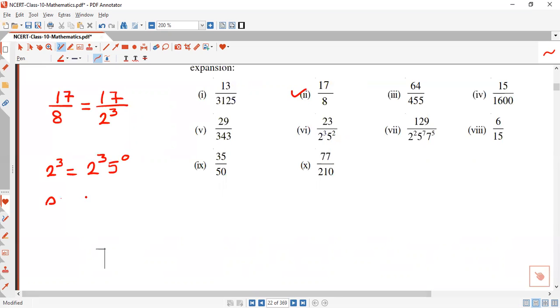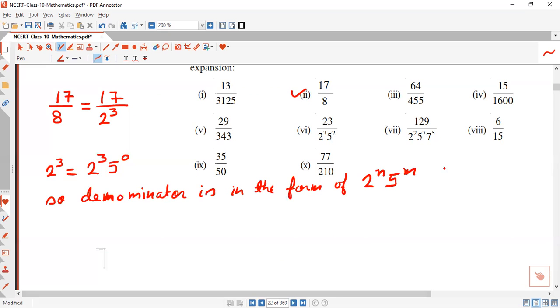So the denominator is in the form of 2 raised to n, 5 raised to m, where n and m are non-negative integers.